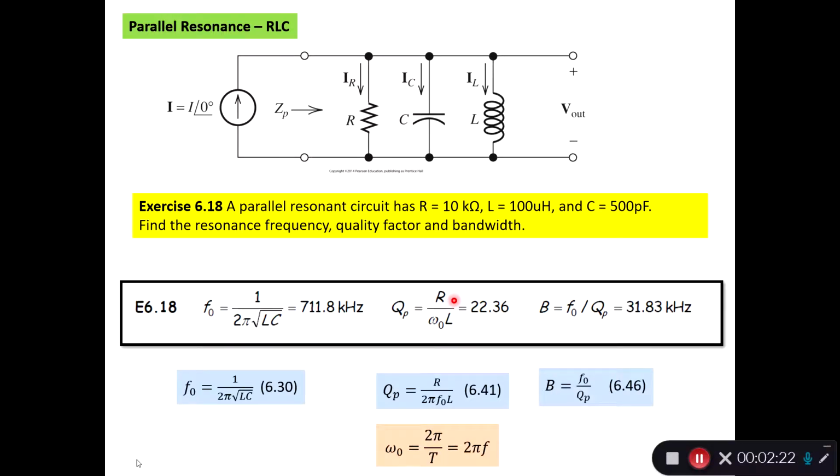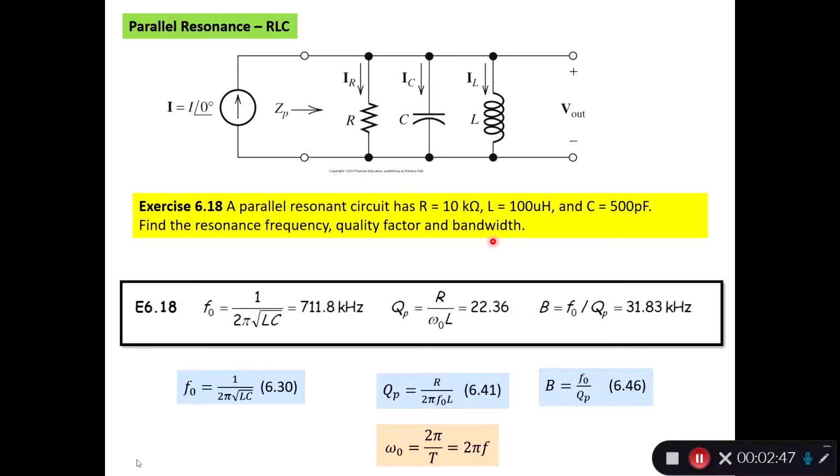So placing the information about 10 kilo ohm and the inductor 100 microhenry, and our resonance frequency times 2π, we get 22.36 as a quality factor.